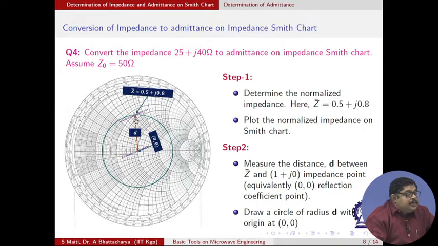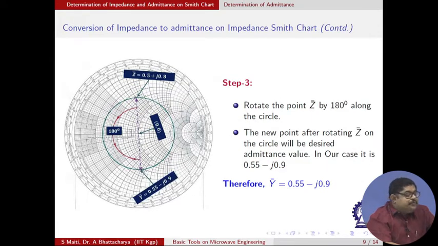So, now it is easier: this point you just project to the other diametric end, and that will be the admittance. That is what I said: draw a circle of radius d with origin at 0, 0, basically draw a constant VSWR circle, then the admittance will be 180 degrees opposite to that, basically a reflection. Here we are showing that reflection means basically you are at the other end of the diameter.